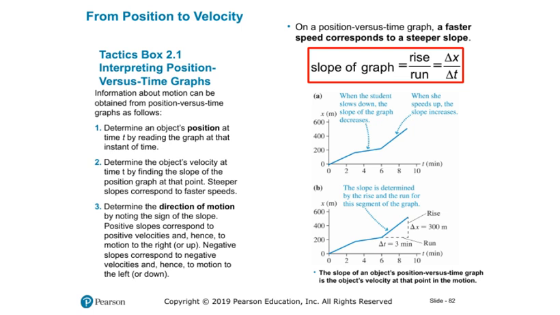How do we find the slope? If you remember, we look at the rise, find that. We look at the run, and slope is equal to rise over run. And again, it will be equal to the velocity of the moving object.